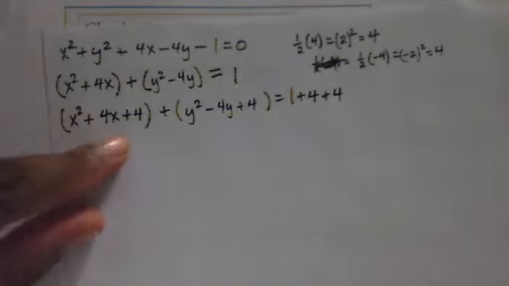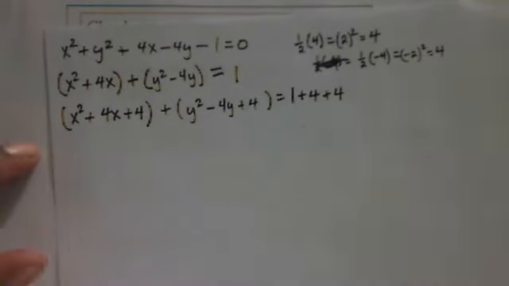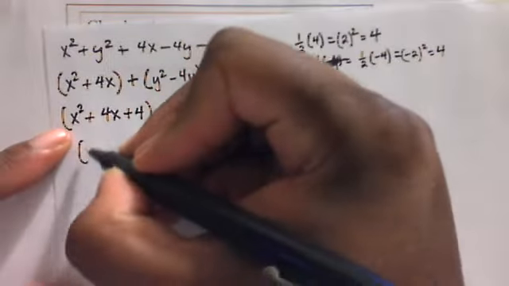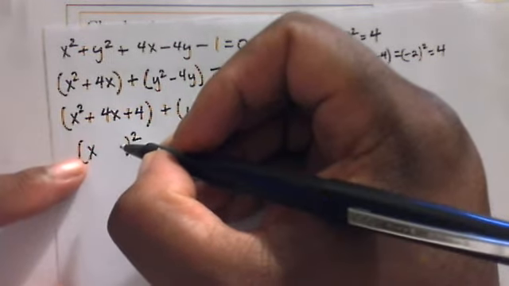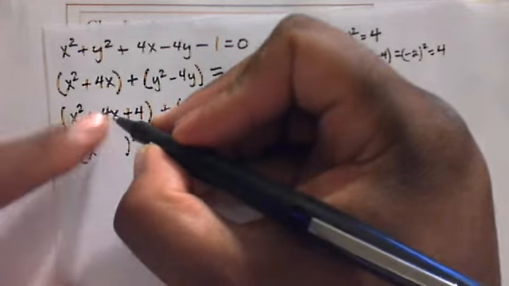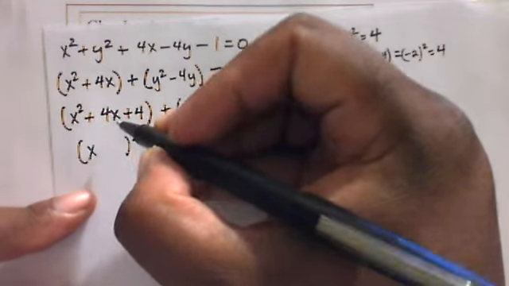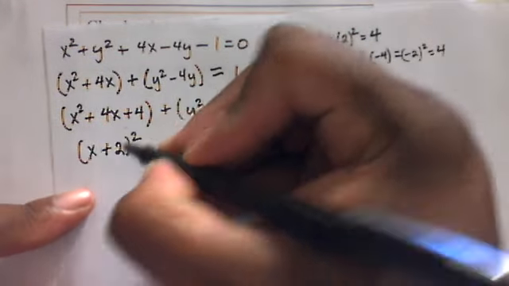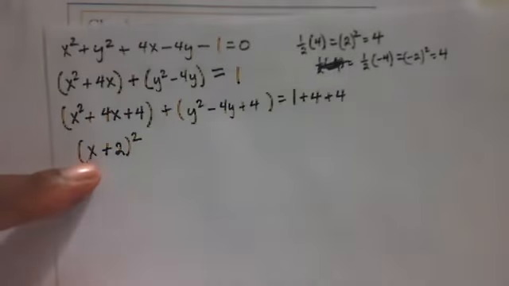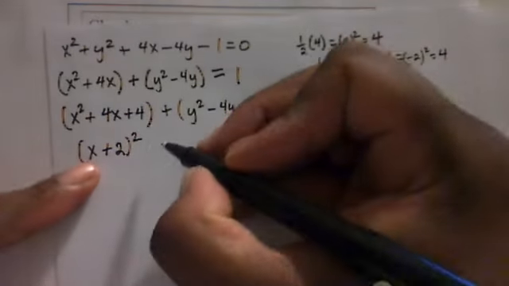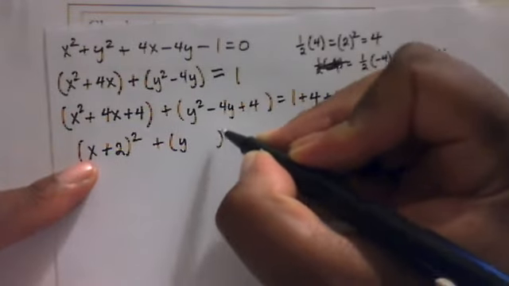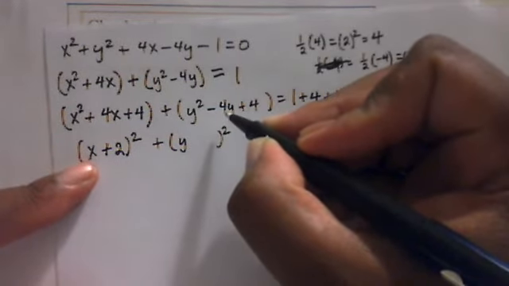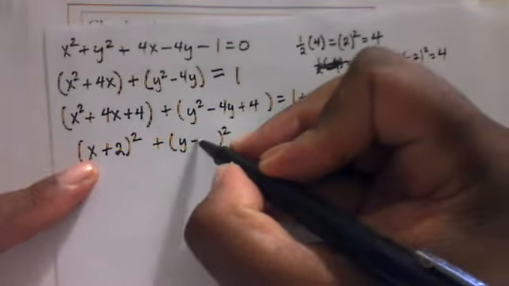Now, let's factor this and this. The x squared plus 4x plus 4 is a perfect square trinomial, which will be factored into: now we know x squared, that's going to be x. The other term will be 1/2 of 4, which is 2. So that's plus 2. So I'll have x plus 2 quantity squared plus, now if I take 1/2 of negative 4, that's going to give me minus 2.